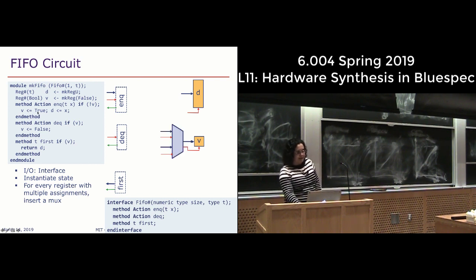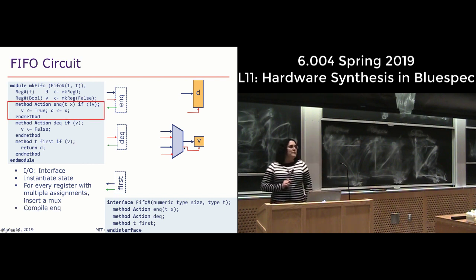So specifically, if we look at both the NQ and the DQ method, we see that in both cases we're assigning values to V, and so we need to somehow be able to select which of the values of V is actually going to get loaded into the V register. Okay? So what's next is now we're going to compile each of these methods.